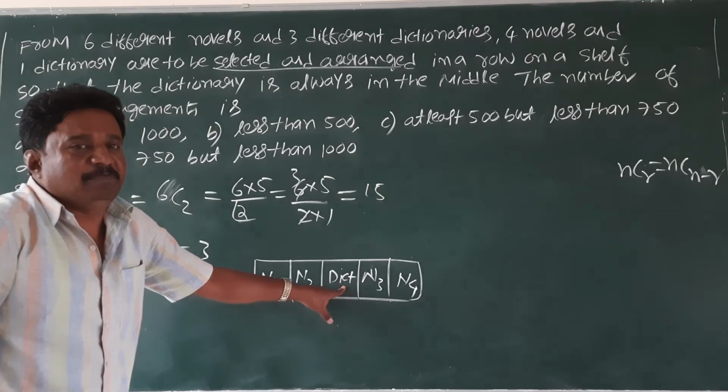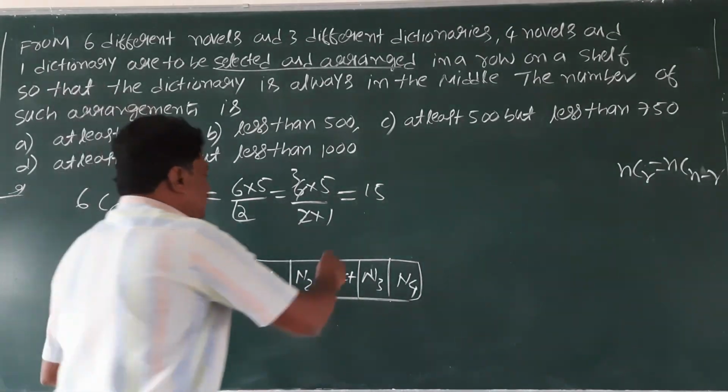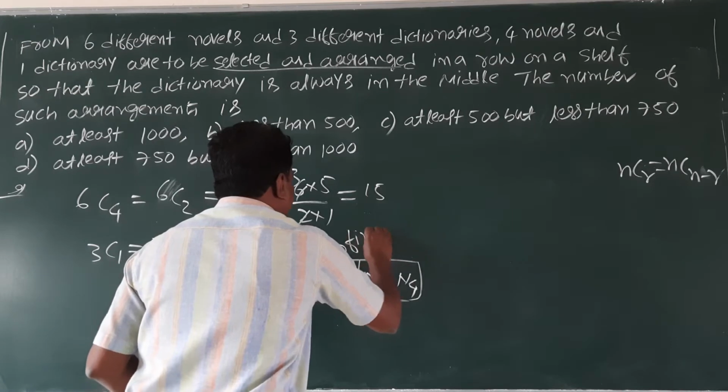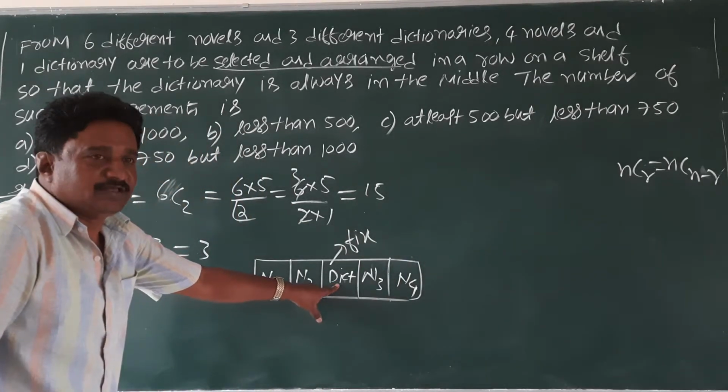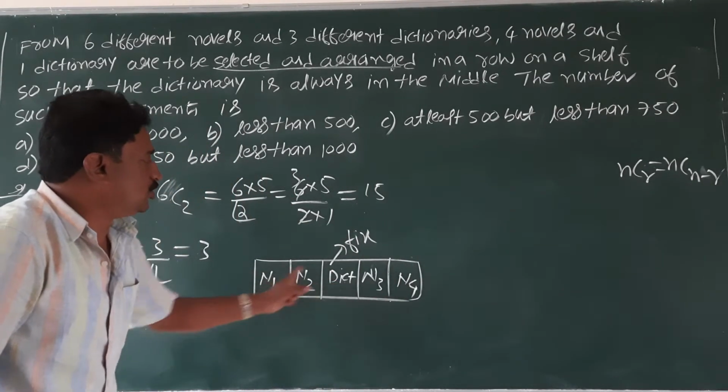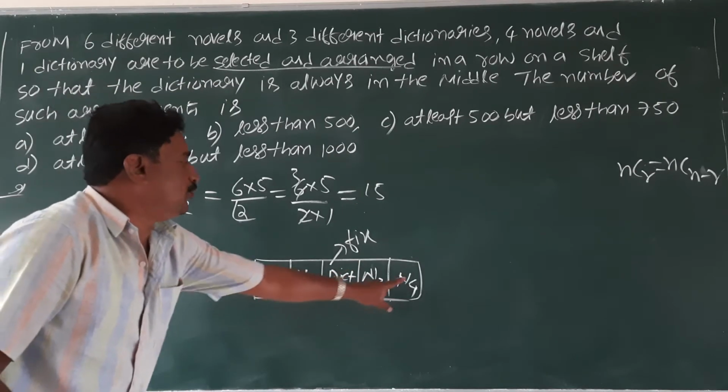The dictionary is always in the middle. You fix that. If the dictionary is fixed, you just arrange these 4 novels, friends.